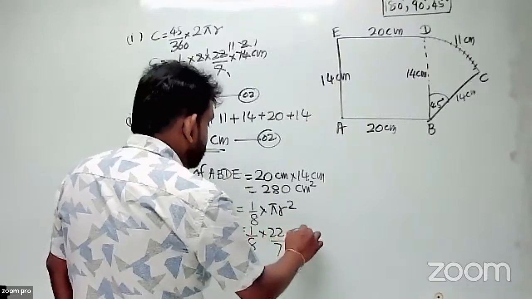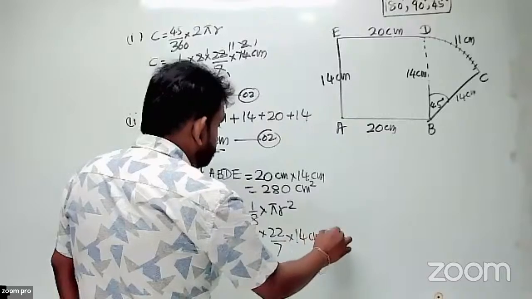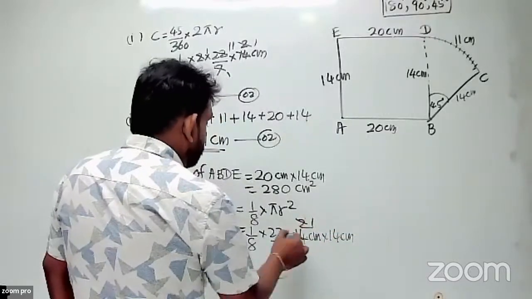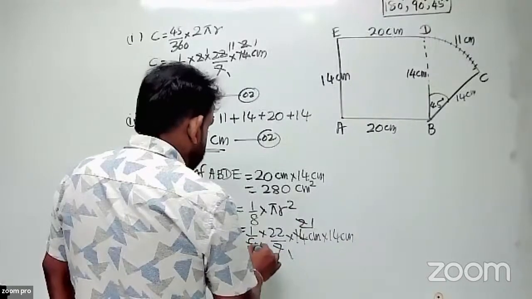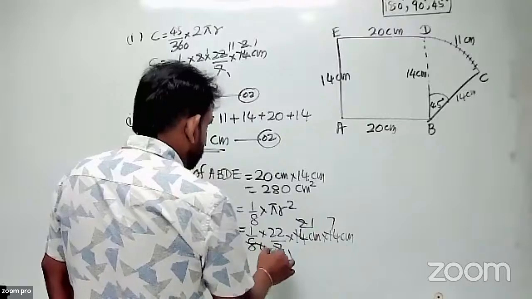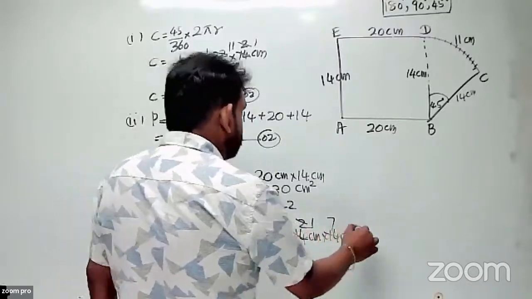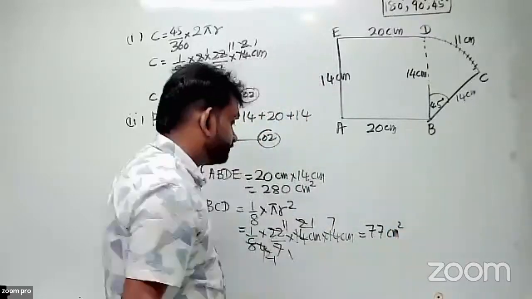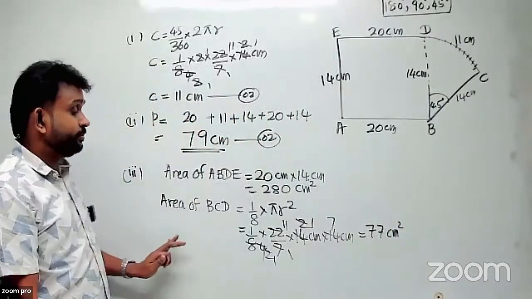R is 14 into 14. So 7 twos 14, then 21, 24, then 22, 27, 21 to 11. So that gives you 77 square centimeters. That is the area of BCD.